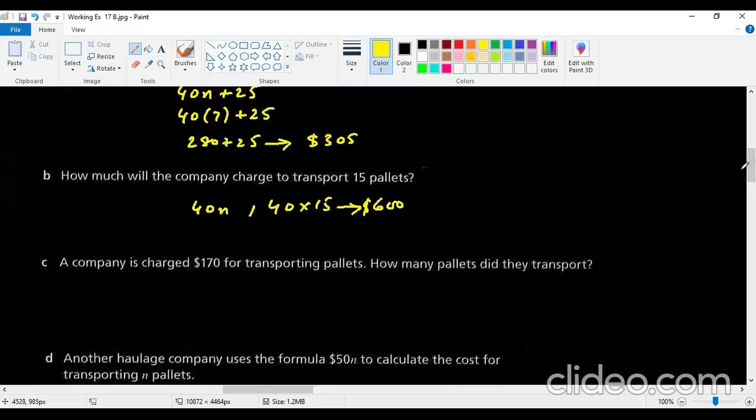And then a company charges 170 for transporting. How many pallets did they transport? So 170 is going to be something in between. Let's try this one, 40n plus 50, the first one, and it is 170. So let's see how many pallets we need to find out, number of pallets. So 40n equals 170 minus 50, which is going to give us 40n equals 120.